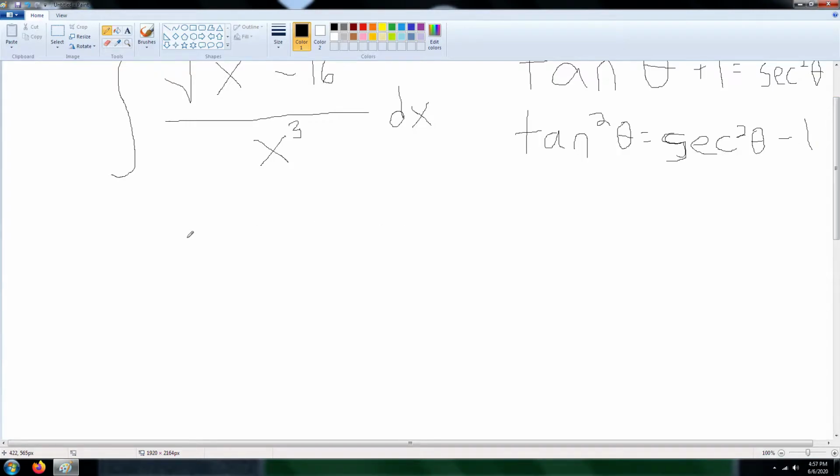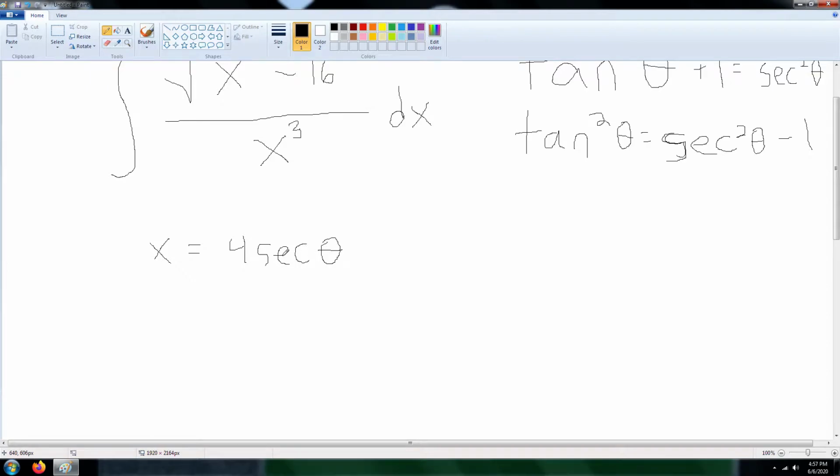Well, we know that x equals 4 secant theta, okay? So the question is, what is secant theta going to equal?